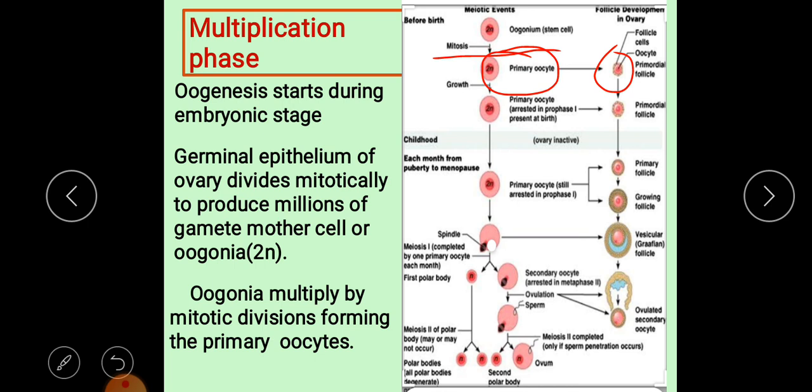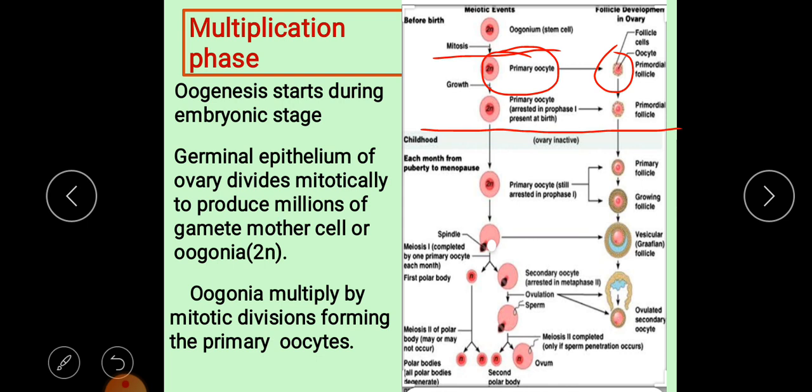The primary oocyte is arrested in prophase 1 of meiosis 1 division, present at birth. This will occur only before the birth stage.